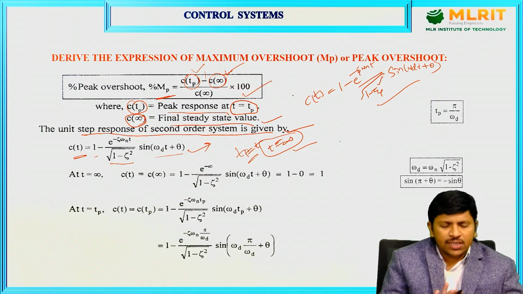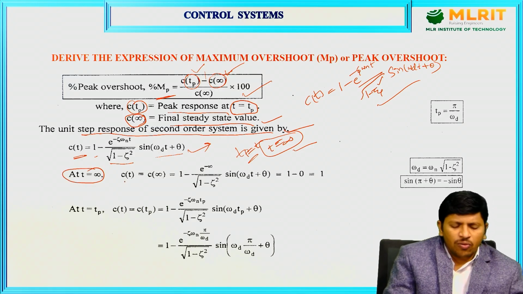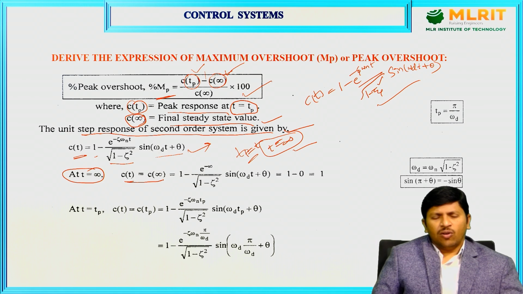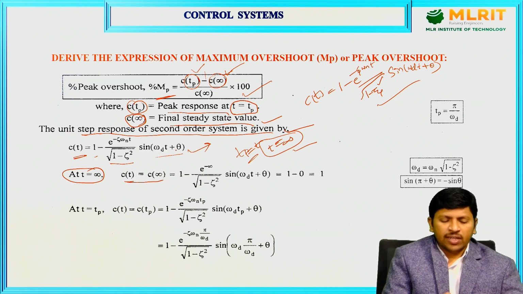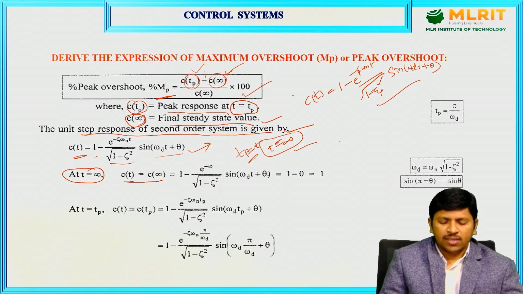First, consider t equals infinity, that is the final steady state value. For that condition, c of t equals c of infinity. Substituting infinity in place of t in the second order system response: 1 minus e power of minus zeta omega n into infinity, which is minus infinity, divided by under root 1 minus zeta square, sine of omega d t plus theta.